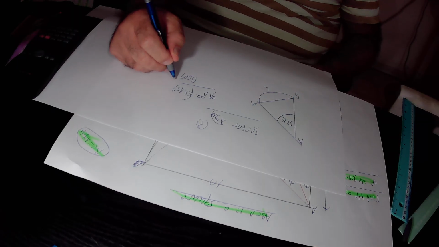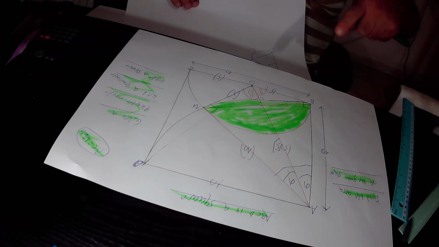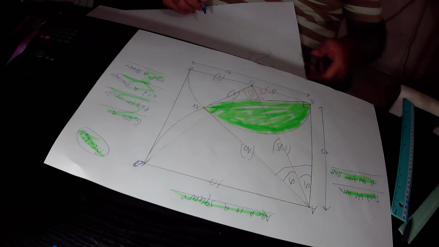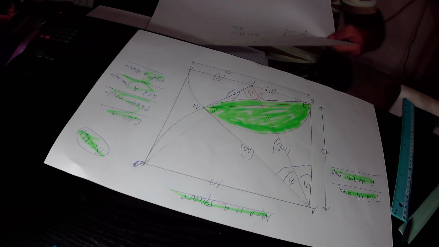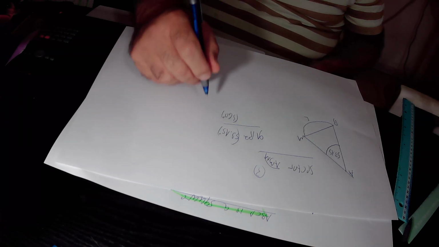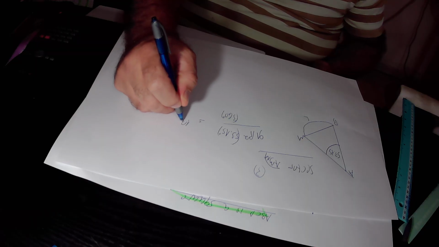R is the radius of the quarter circle, which is 10, so r squared is 100 and pi r squared is 100 pi.